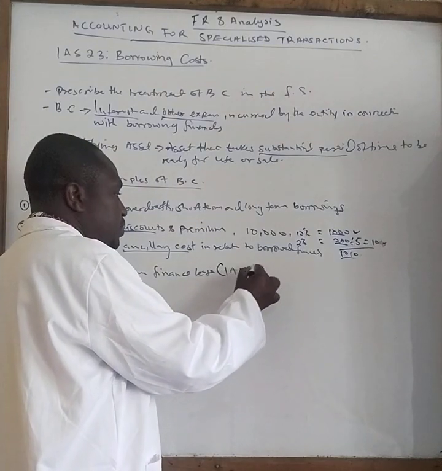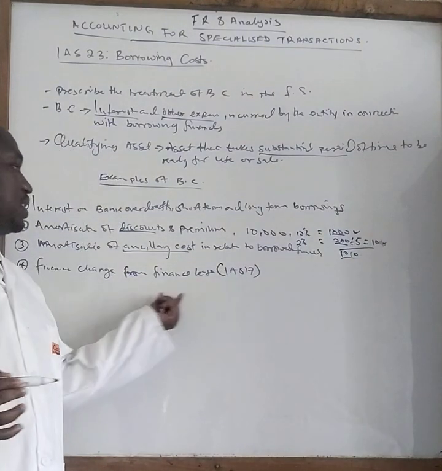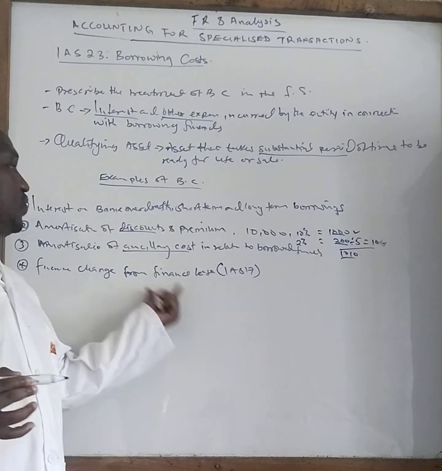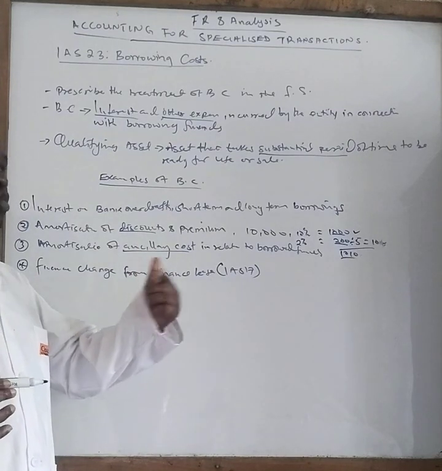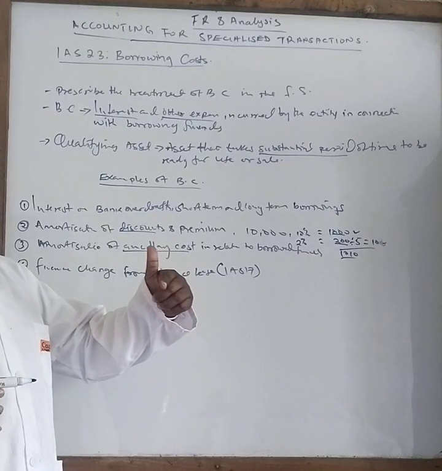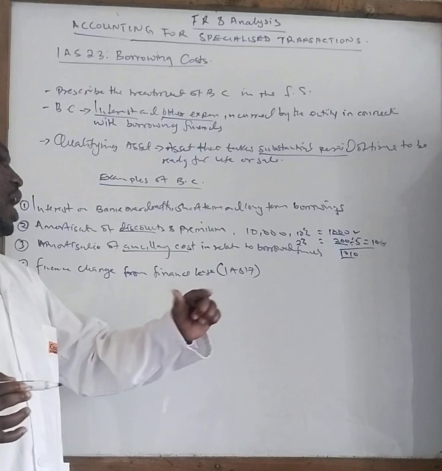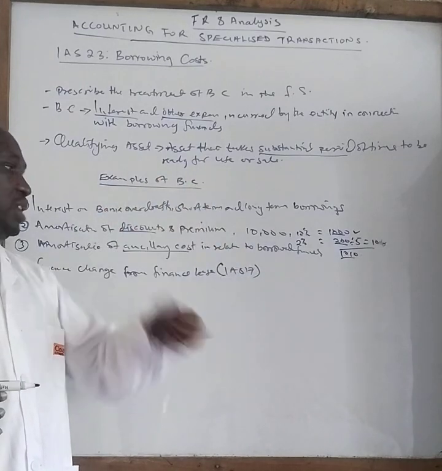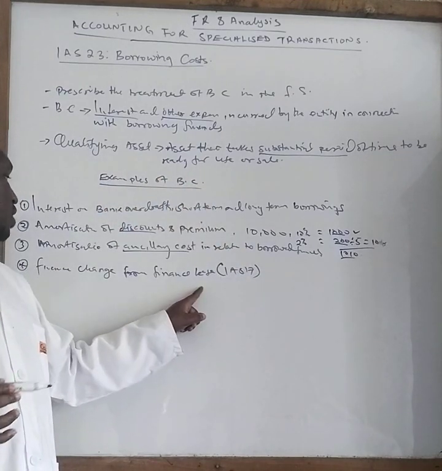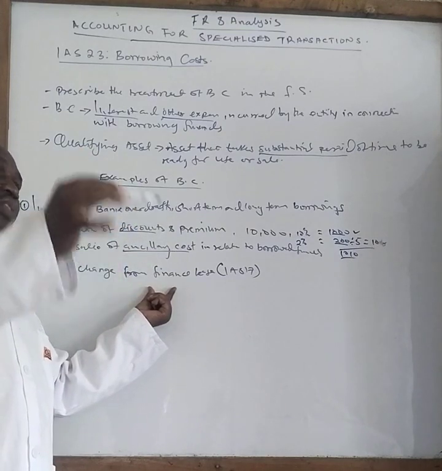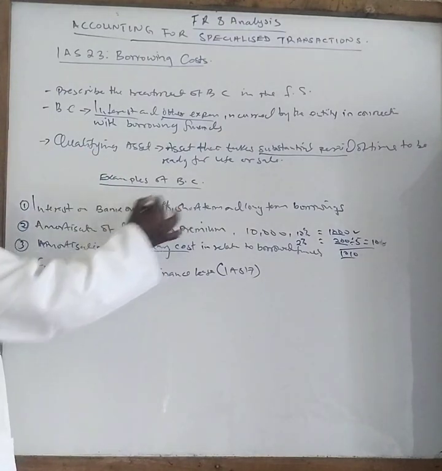IAS 17. So under IAS 17, we discussed the treatment of finance lease. So this is an expense. If there is any asset you have acquired for the purpose of running or producing goods and supplying of goods, and you are repaying the rental payment, we call it a lease. So any payment you are paying because of that particular use of the asset will fall under borrowing cost.